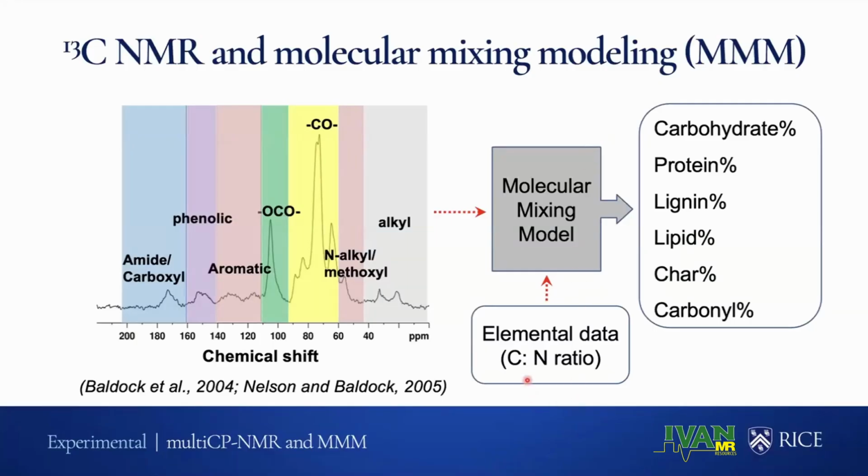We used the carbon-nitrogen ratio of a sample and the NMR signal distribution across the 7 predefined spectral regions, including LQ, NLQ, OLQ, di-OLQ, aromatic, phenolic, and amino carbonyl groups, to calculate the relative abundance of each biochemical class, including carbohydrate, protein, lignin, lipid, char, and also a tuning parameter, carbonyl groups.